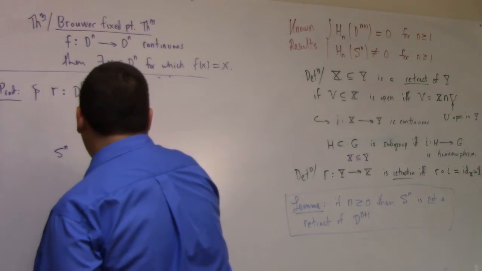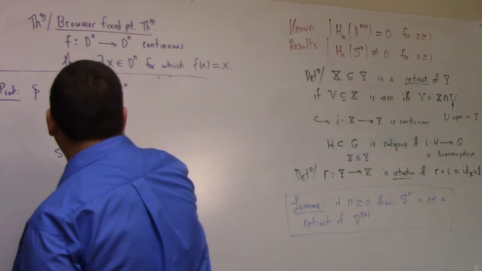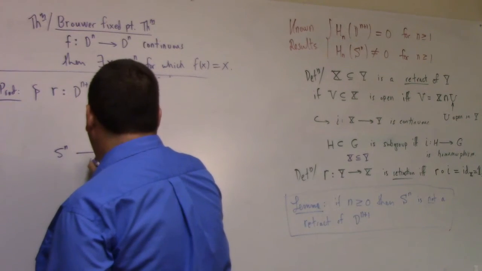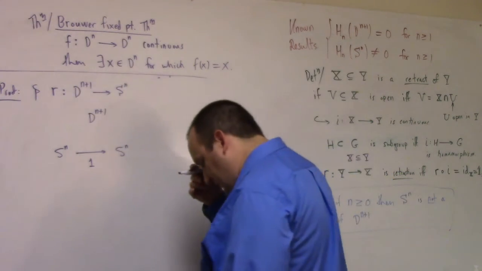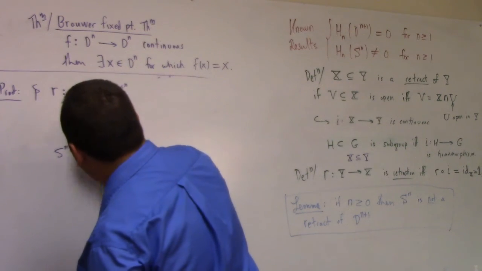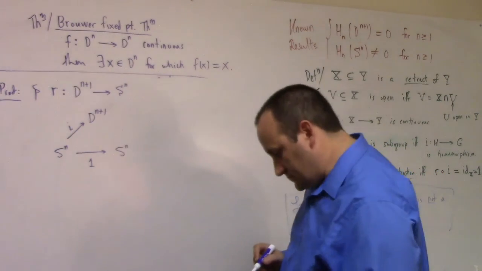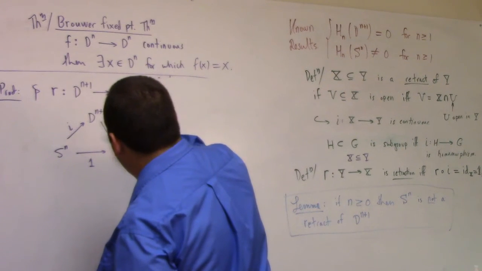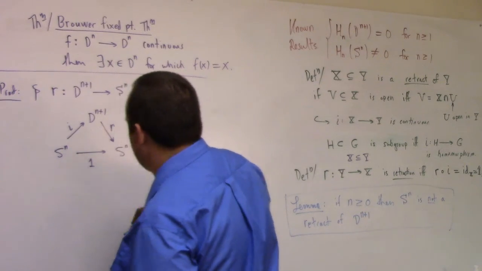Of course, what map do you have on Sn? The identity. And then you have the inclusion map here, the inclusion of Sn into the n plus 1 disk. And then, allegedly, you would have the retraction map here. Now we're hoping that this leads to some absurdity.